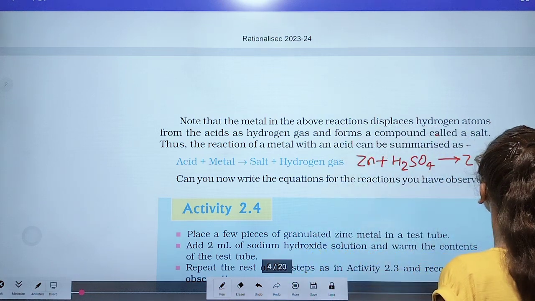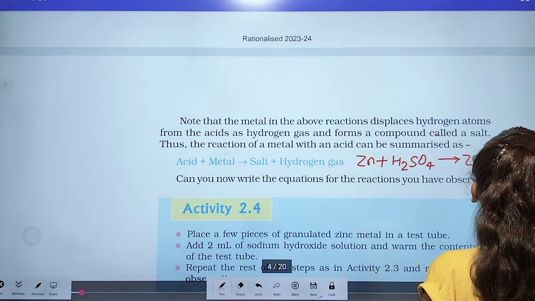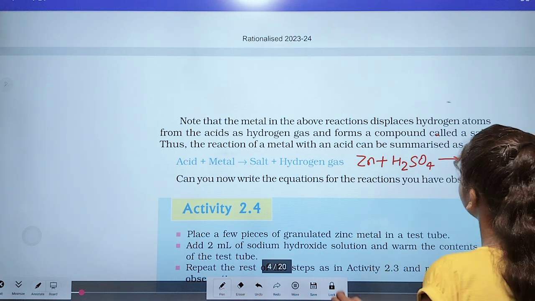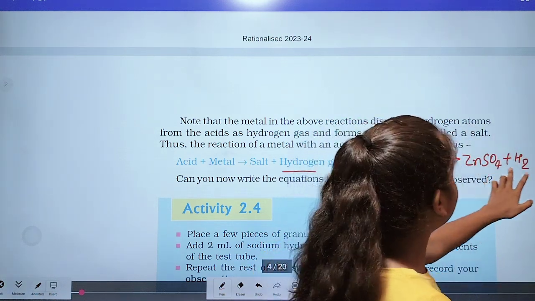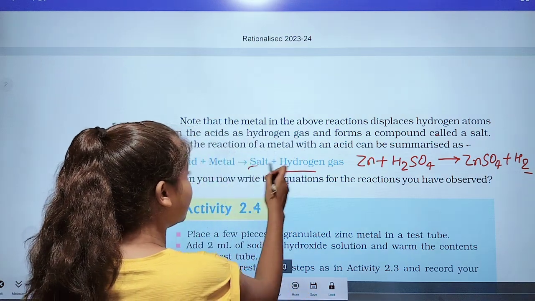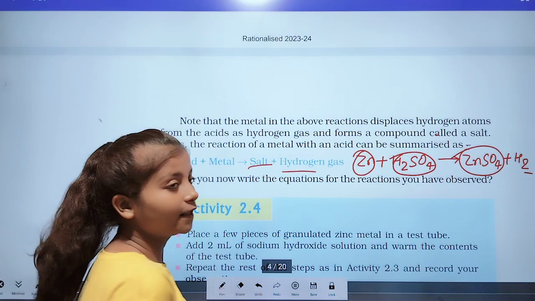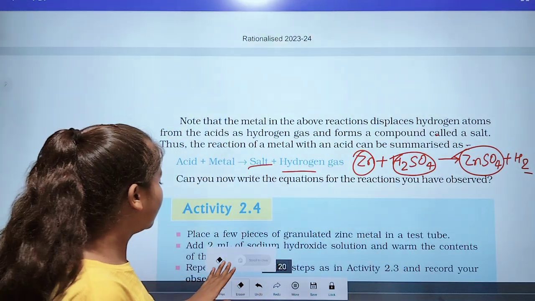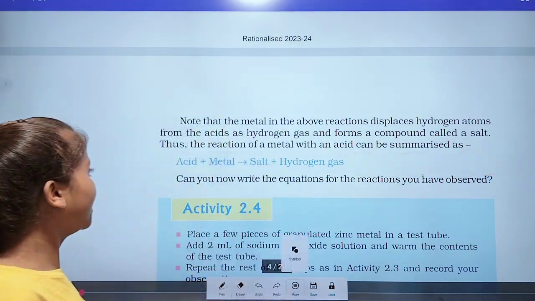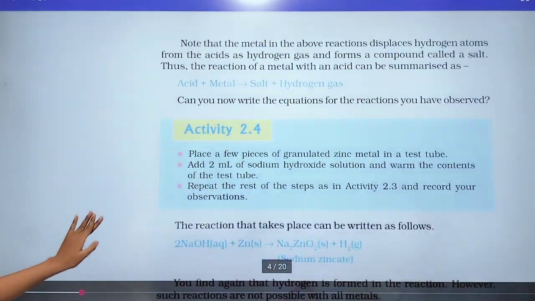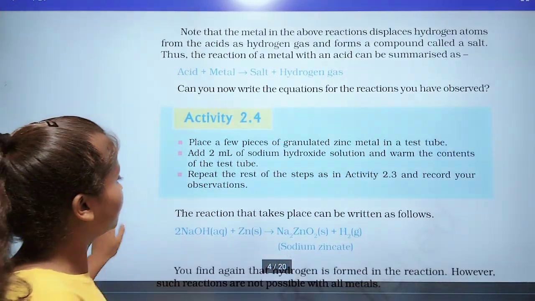Then it gives ZnSO4 plus hydrogen gas. This one is salt, from metal and acid. So you have to learn that if we add metal and acid, then it gives salt plus hydrogen gas.